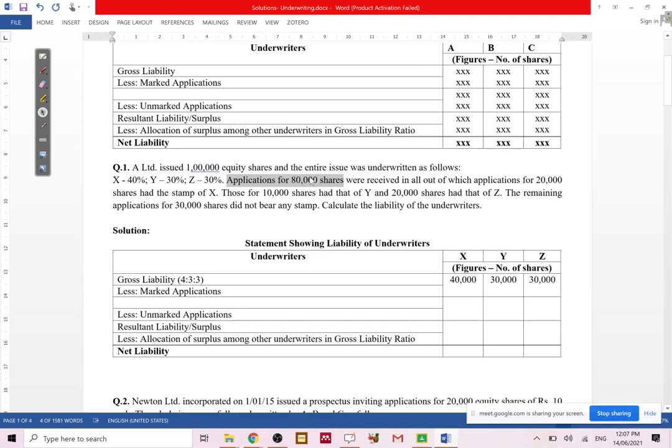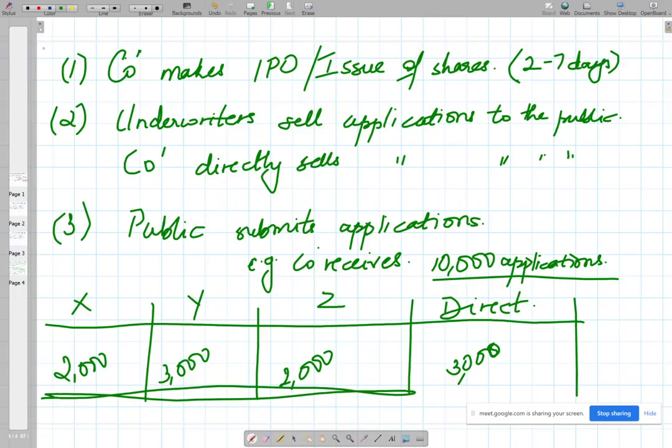So what does it say? Applications for 80,000 shares were received in all. I will write here solution 1. These are working notes. Okay, the file will be made available to you later.